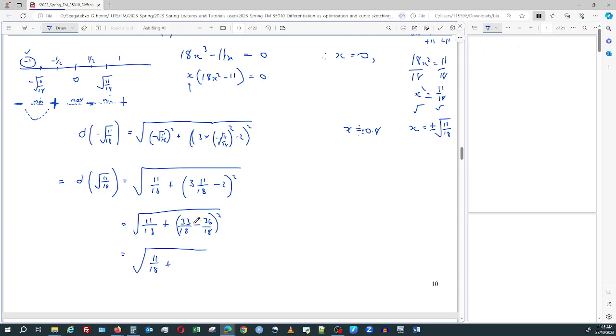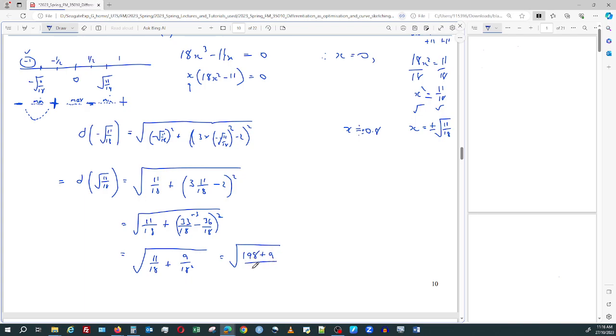So even though it's a minus 3 overall, because of this square, that minus 3 is going to become a positive 9. And the 18 on the bottom will be squared. Okay, 18 squared. And so if we multiply both sides by 18 squared, we get 198 plus 9.